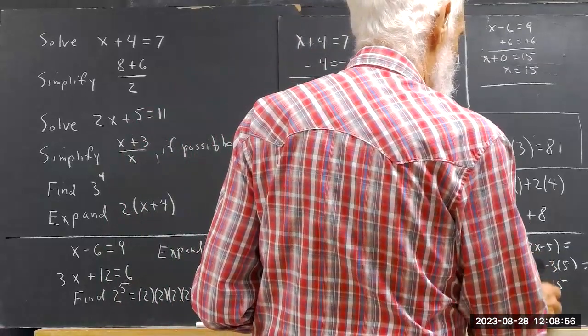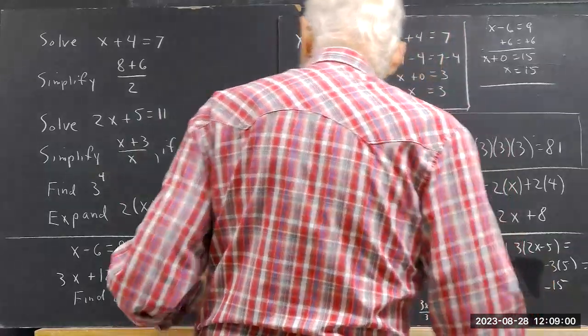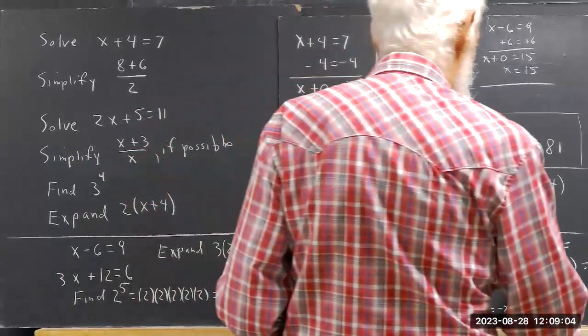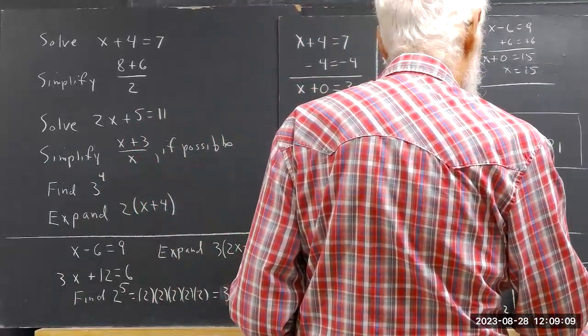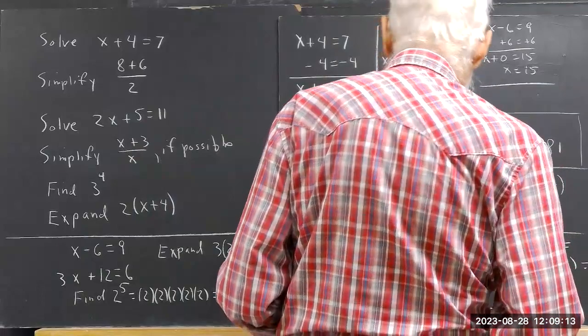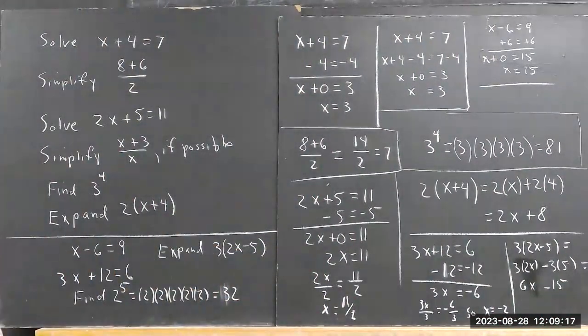Actually, I only pretended to make that mistake so you can understand it. Maybe once in a great while, I'll actually do it. Okay, so I actually have made it. That's 3 times 2x. Too many 3's here. And that's 6x minus 15. Okay, there we have it. Now let's talk about fractions for a couple of minutes.